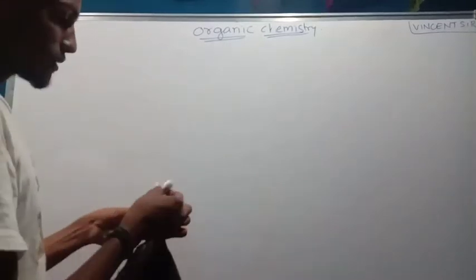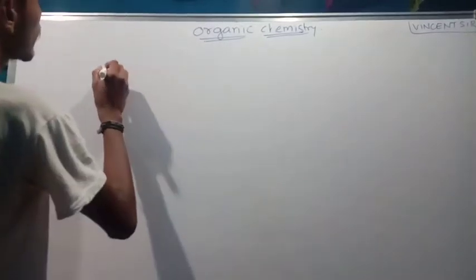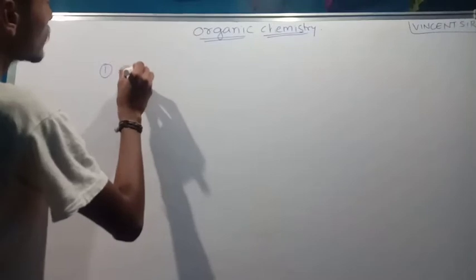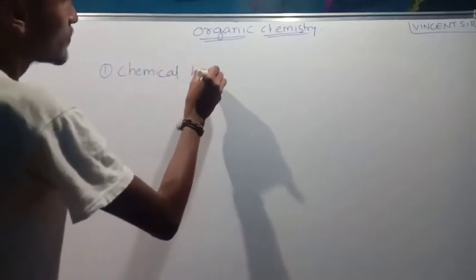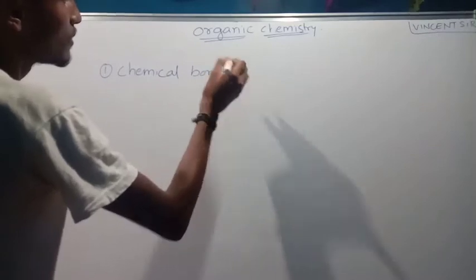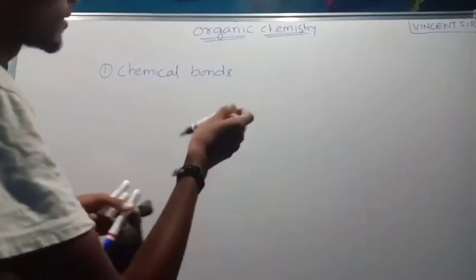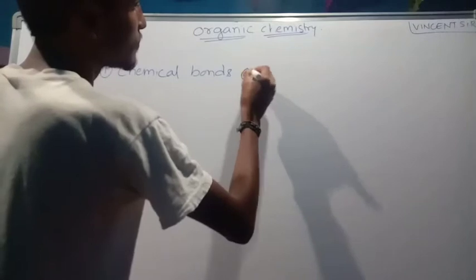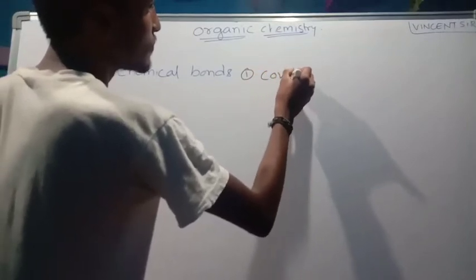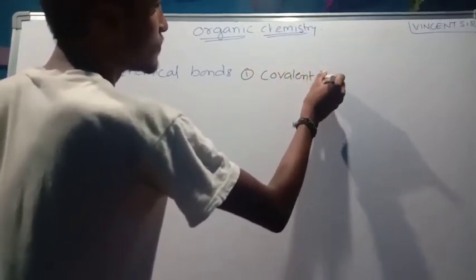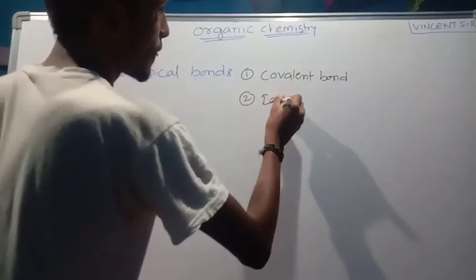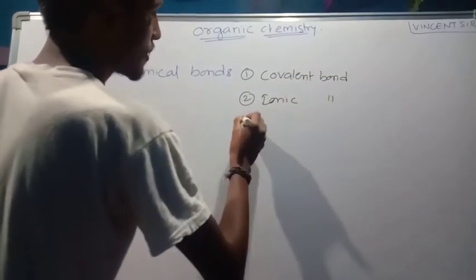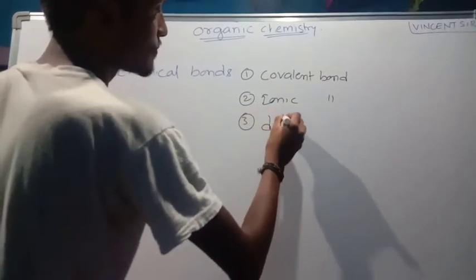Number 1 is covalent bond, number 2 is ionic bond, number 3 is dative bond.